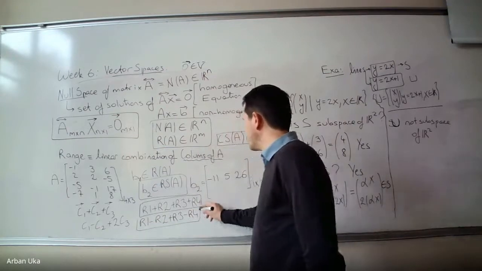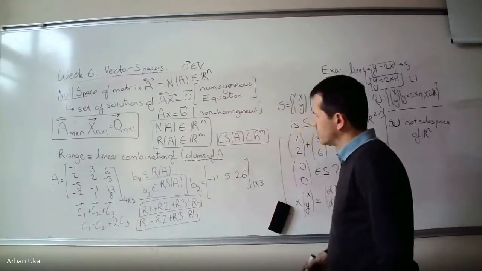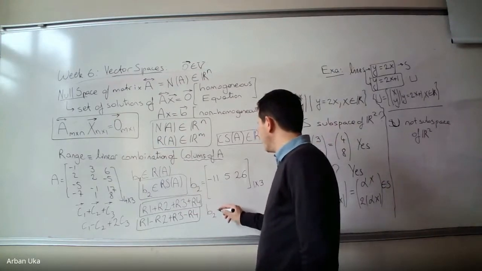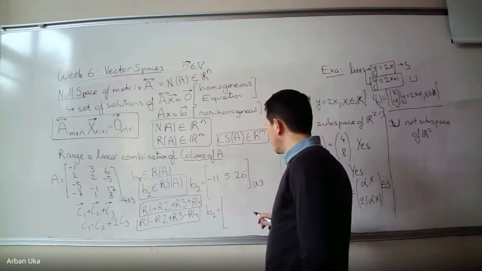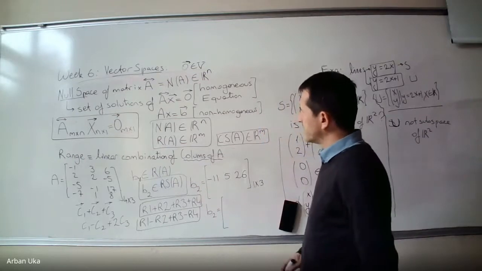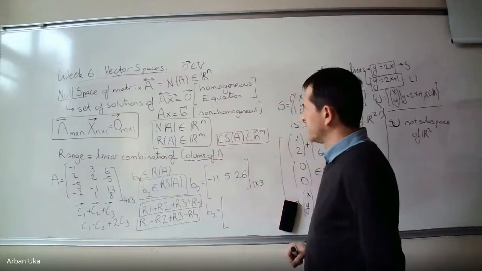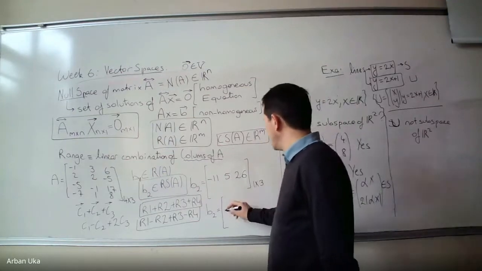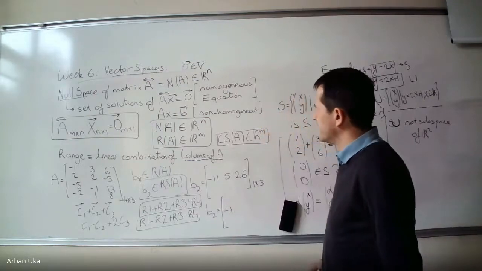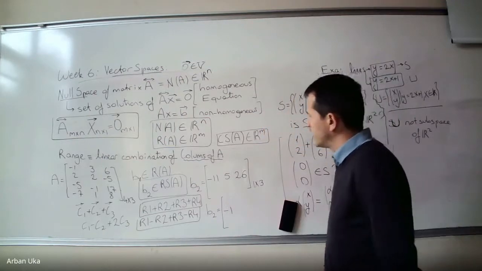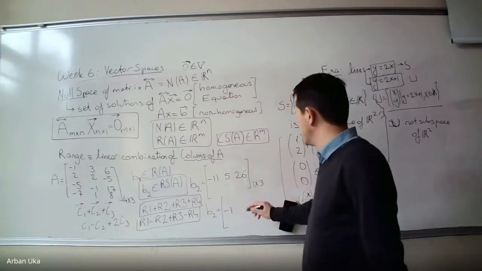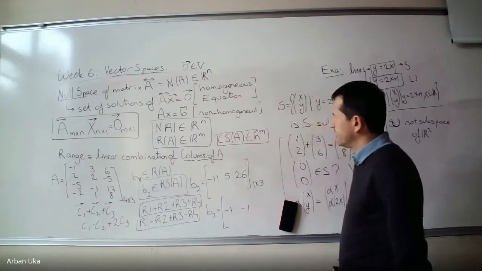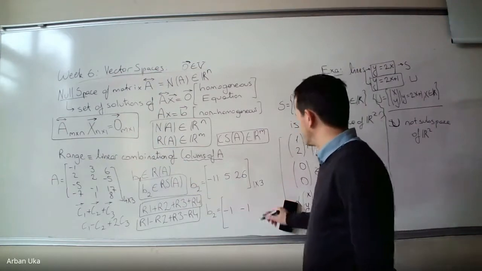So here we have another combination of the rows of A. In this case, another vector B2 would be row 1 minus row 2. We get minus 1, minus 2, minus 3, minus 8, minus 1. And then we have 3 minus 2, it is 1, 0, minus 1, minus 1. And then we have 5, 11, 28, 20.